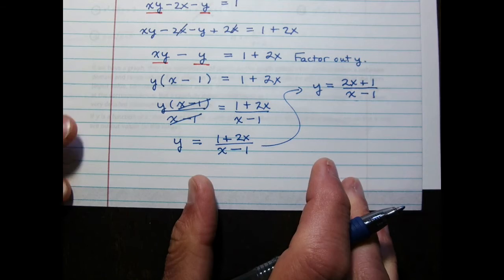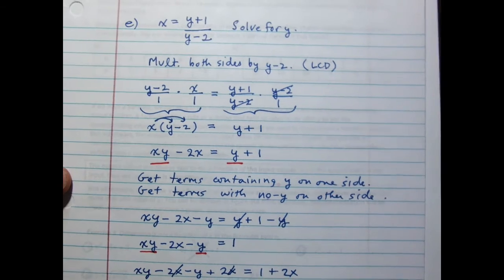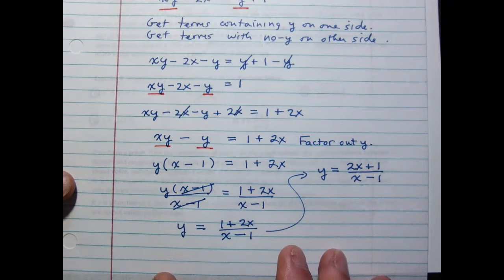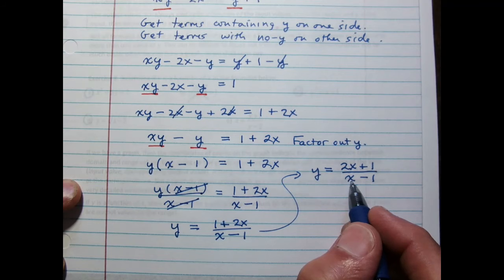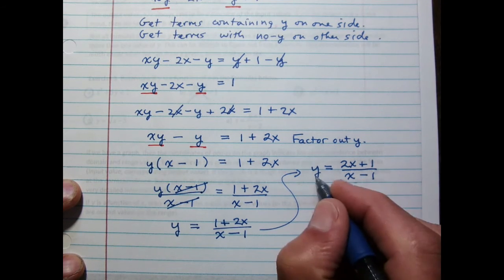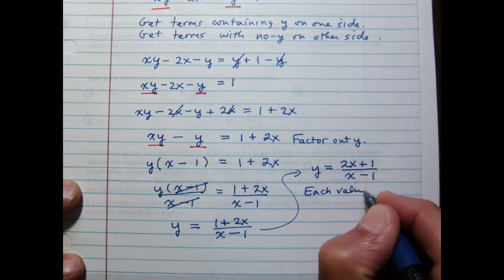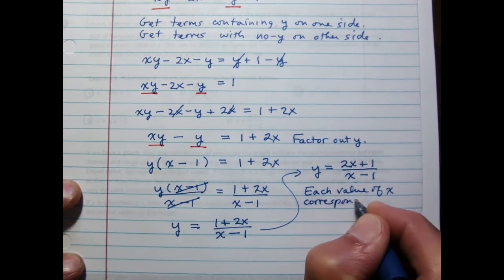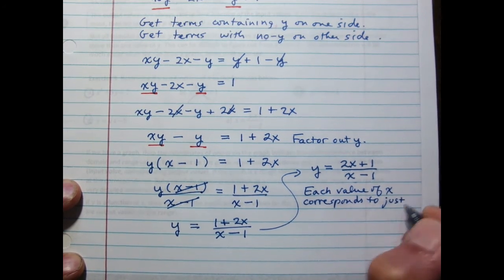So that's a pretty amazing little feat we just went through to get from where we started through this manipulation to get y equals an expression in x. Now there's no plus or minus sign here. In fact, we can see that if we plug in a value for x, that's going to determine a value of y, or in words we could say each value of x corresponds to just one value of y.